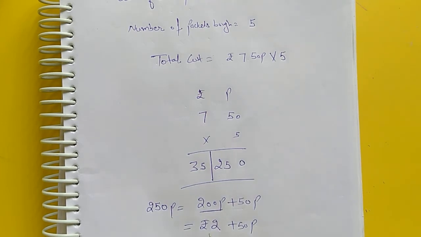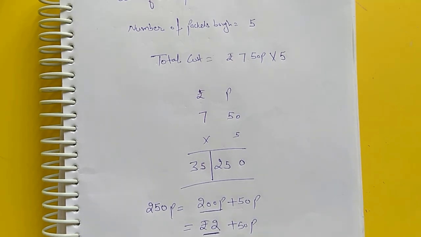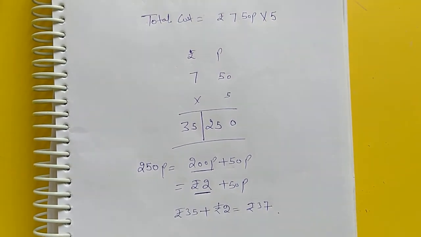So add this 2 rupees with 35 rupees. 35 rupees plus 2 rupees equals to rupees 37. Okay. It means Pragya spent rupees 37.50 paise to buy 5 packets of board pins.